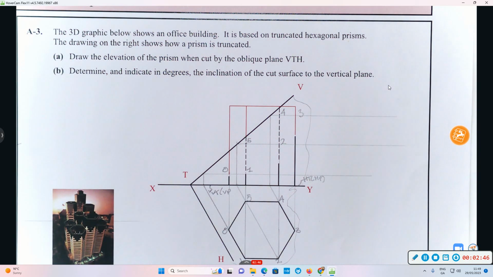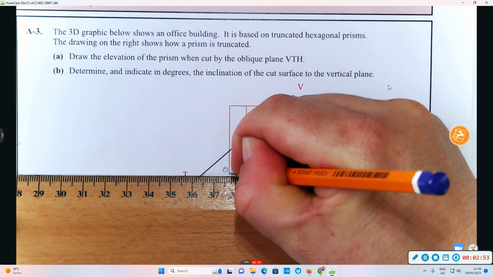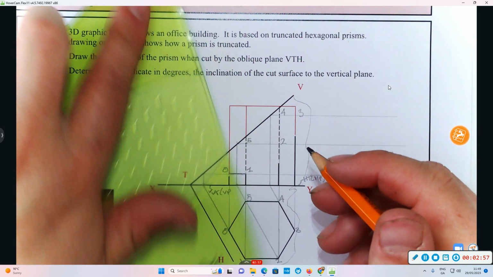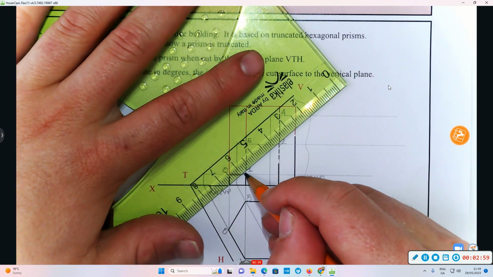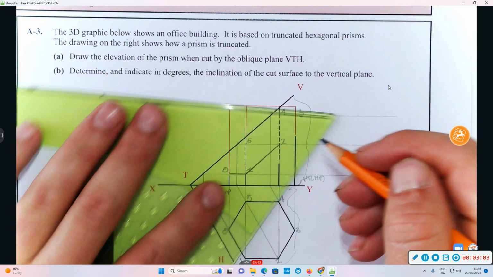Now, we're going to connect these together. So 0 joins to 1. Okay, 1 joins to 2. 2 joins to 3.